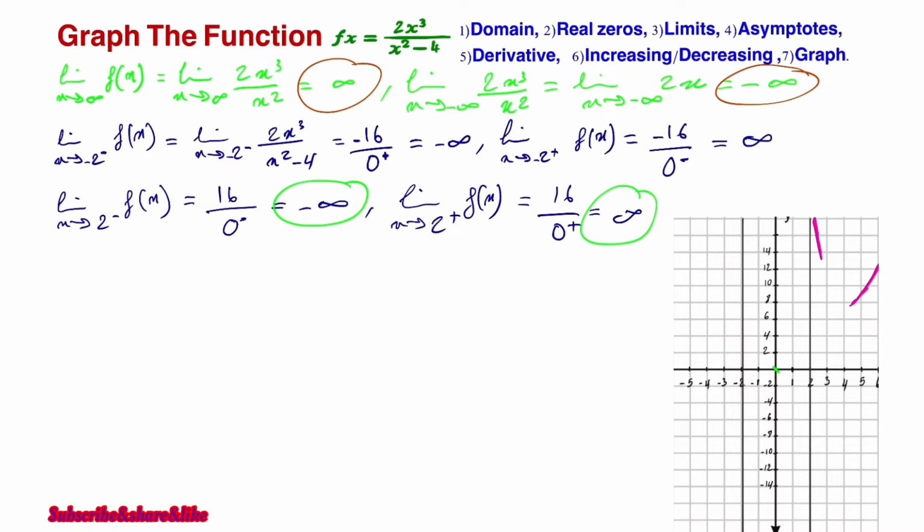And here we know it is going down, and here going up. The graph comes from here, and here we know it is going down as well, and here going up as well. When x goes to minus infinity, f of x goes to minus infinity as well, something like this. So we have an idea right now.